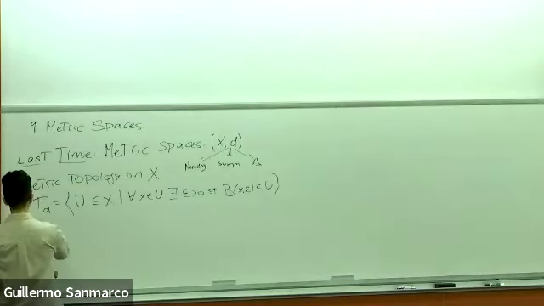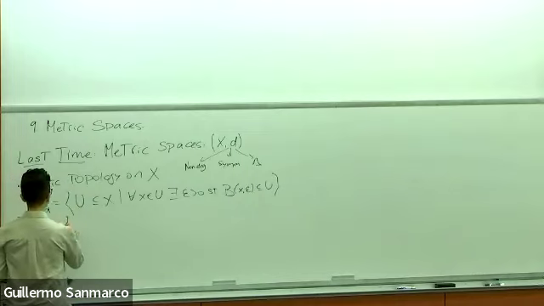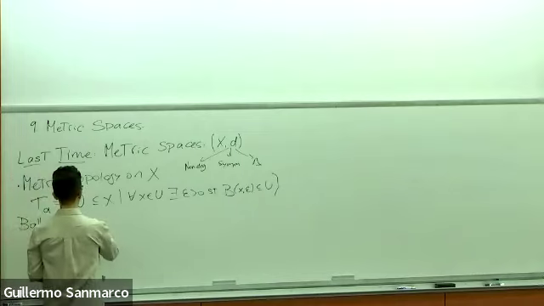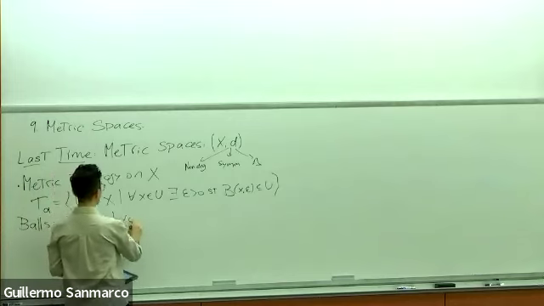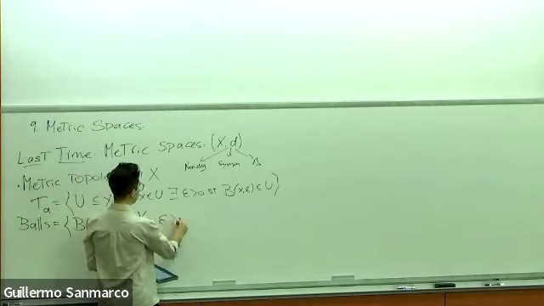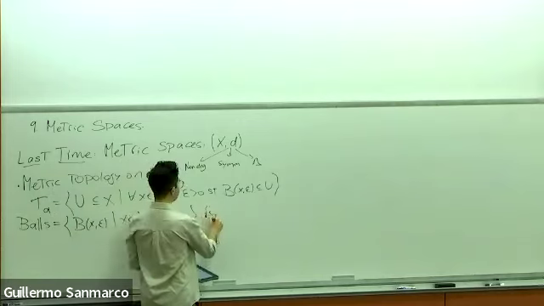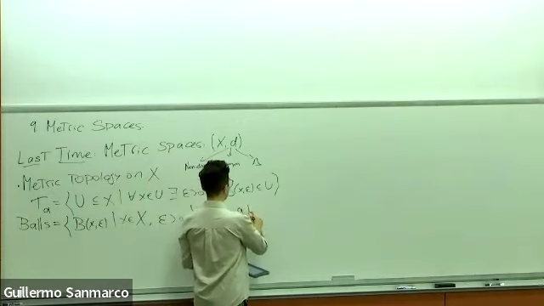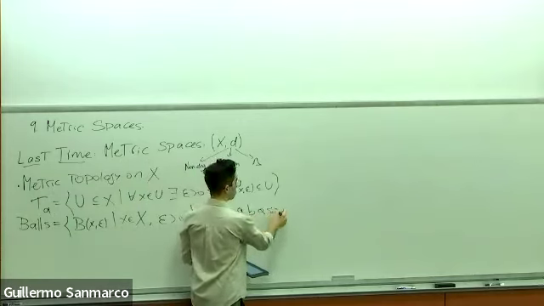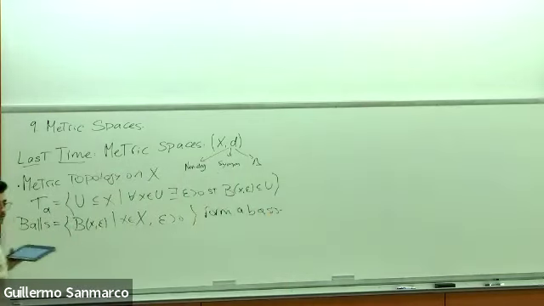And here, of course, these balls, B(x, epsilon), where x can be any point and epsilon can be any positive number, form a basis. That's by definition. We proved the theorem stating that this is a basis for something, and this is the something that you get, this T_d.